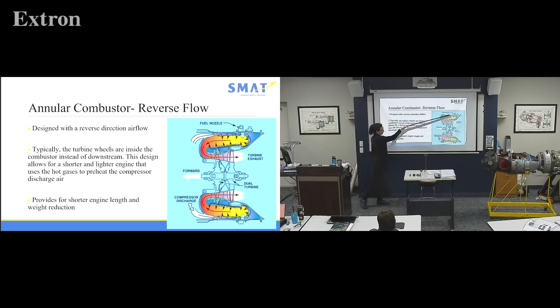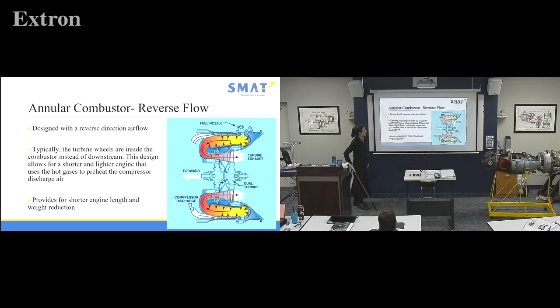And this is just a cross section, so this burner can is going the whole way around our turbines. And the cool thing is, the turbine wheels typically are inside the combustor instead of downstream of it. So some engines you'll have the compressor, and then combustor, and then turbines, then that stretches out your engine.